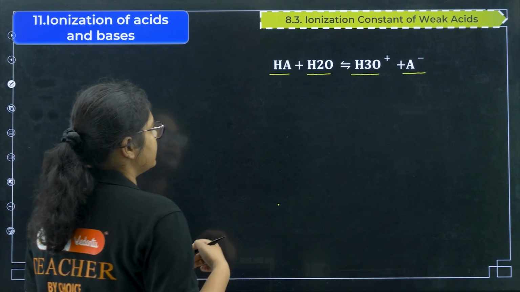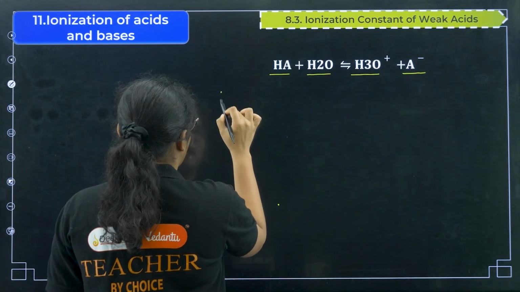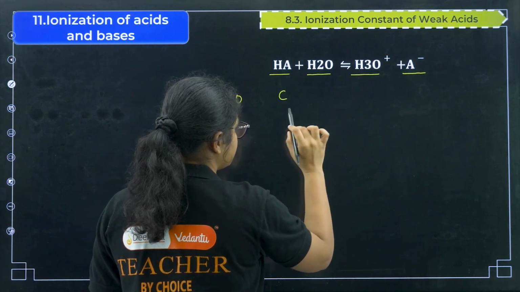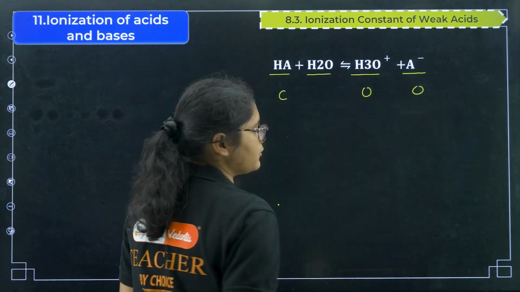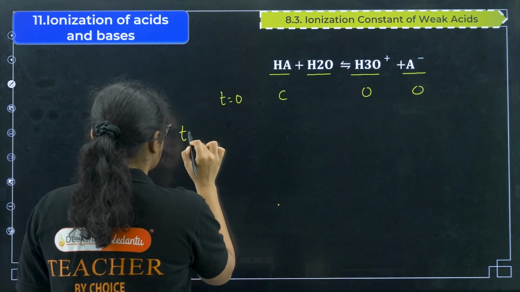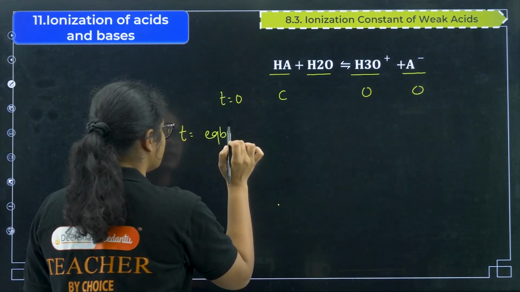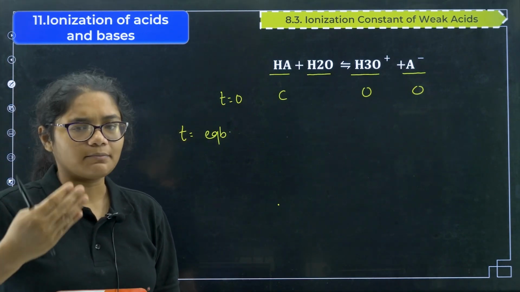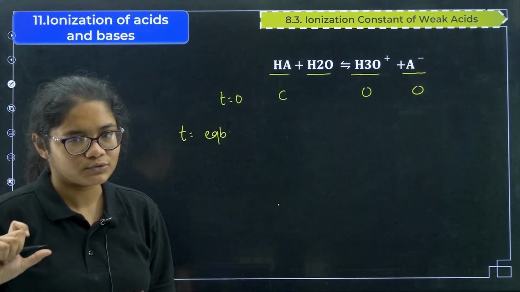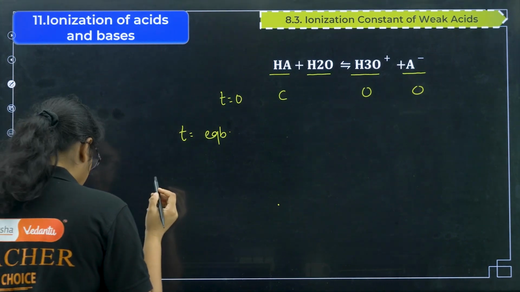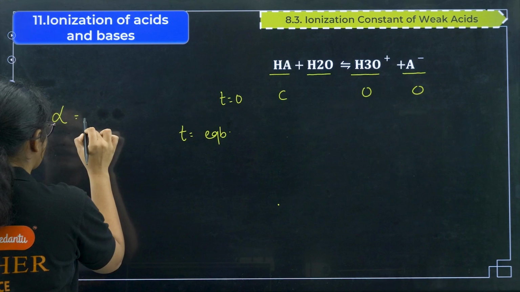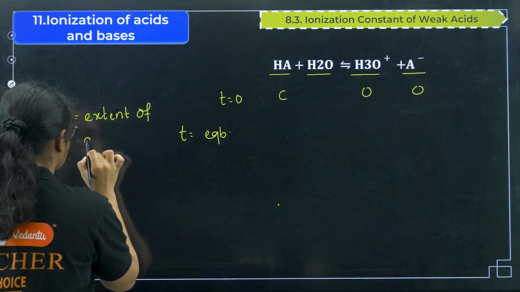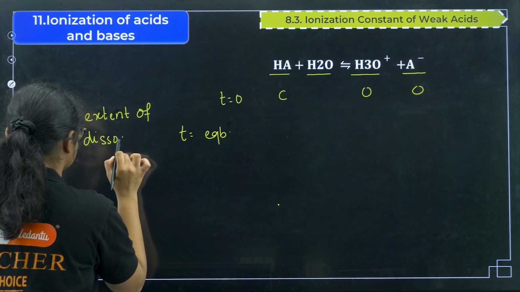Let at time t equal to 0 the initial concentration of acid be C, and the others be 0. At equilibrium, some amount of HA will dissociate. There is a term called alpha. What is alpha? Extent of dissociation.